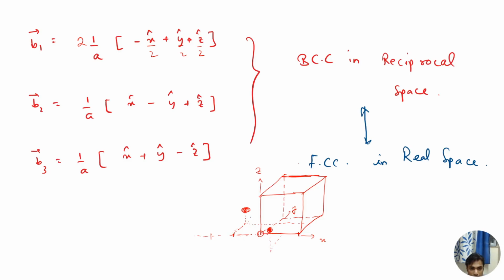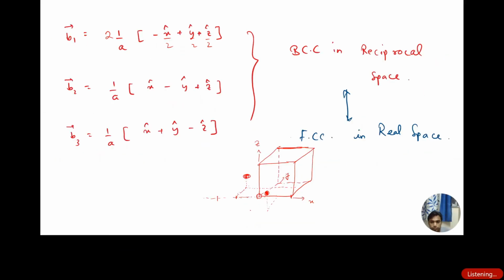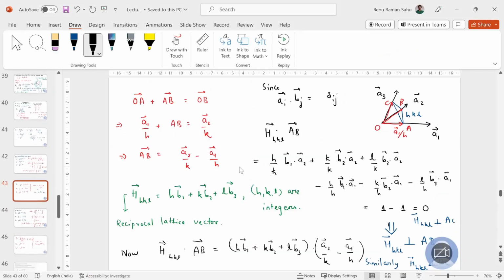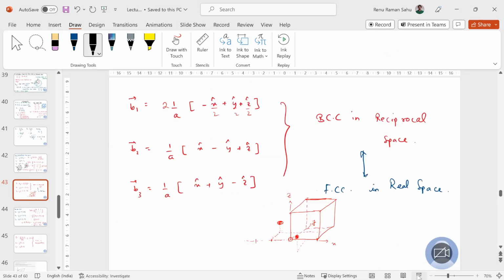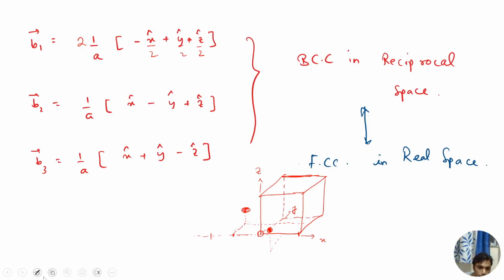And then what is B3? B3 is going plus x cap by 2. So from here this is one vector, from here this is one vector, then the other vector is plus x cap by 2, plus y cap by 2, and minus z cap by 2.